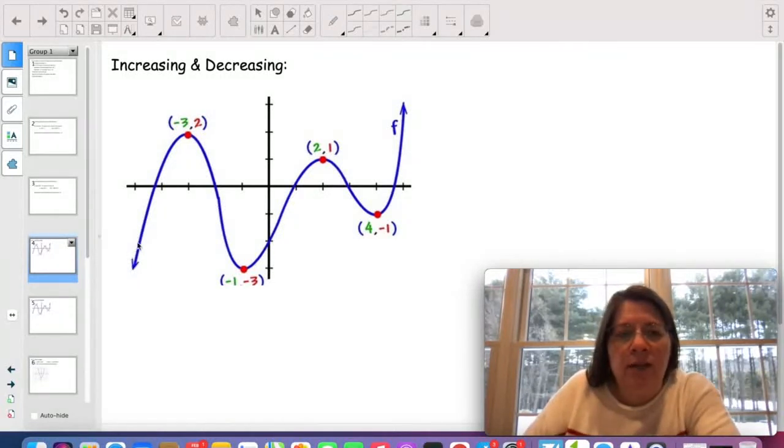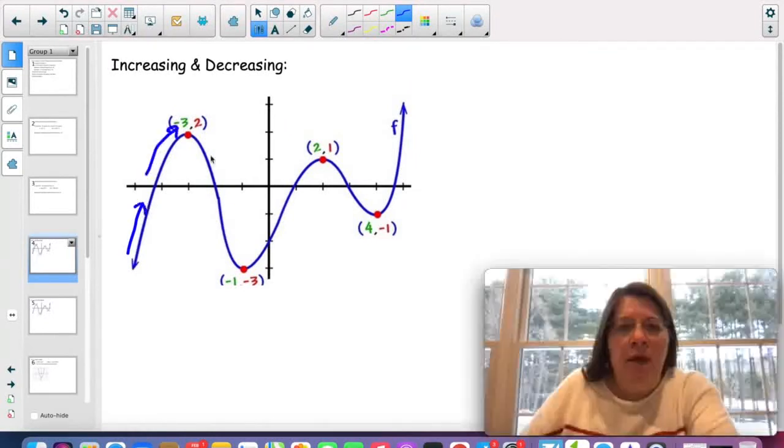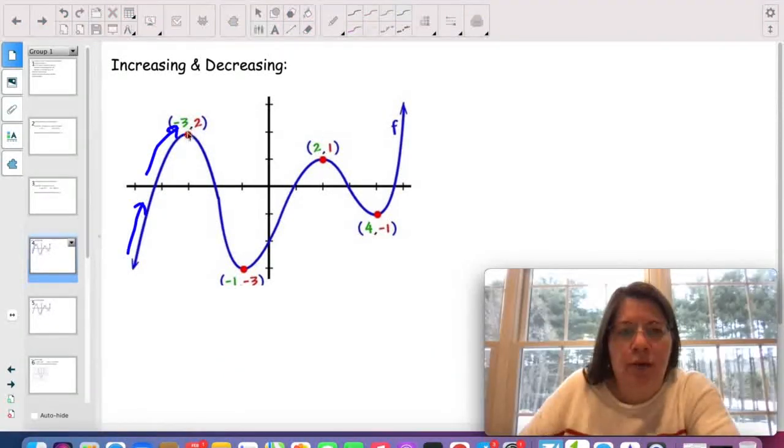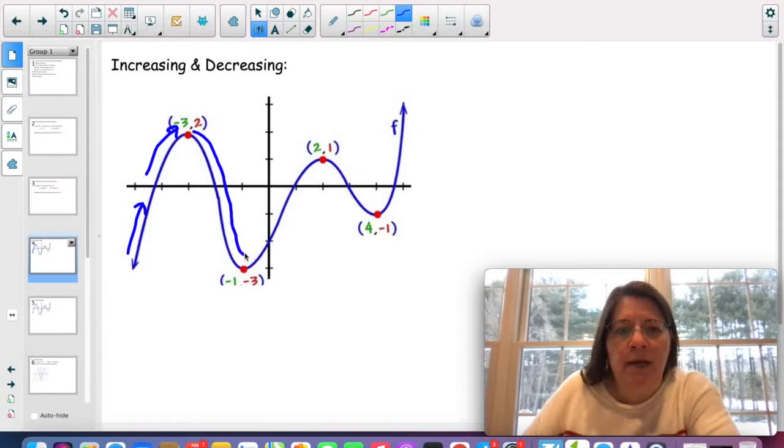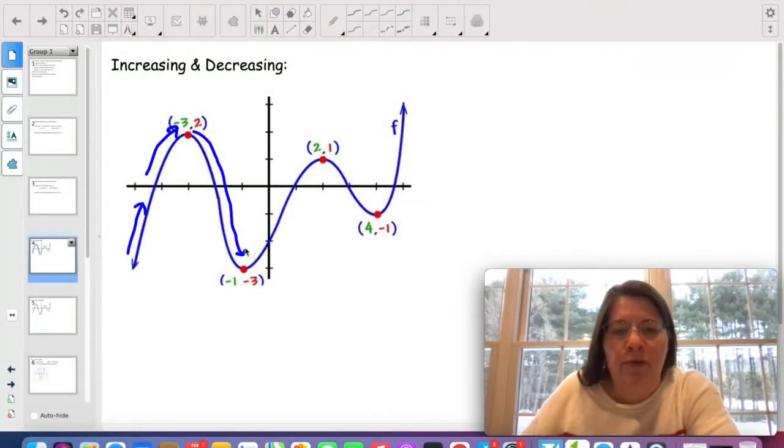So this function is increasing as x goes from negative infinity until x gets to -3. Then it starts in a downward position at -3 until we get to -1. So this function is decreasing from -3 to -1 for those x values.